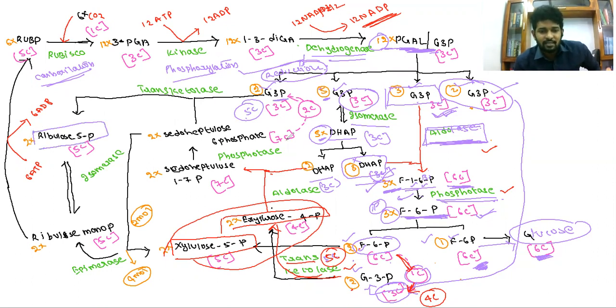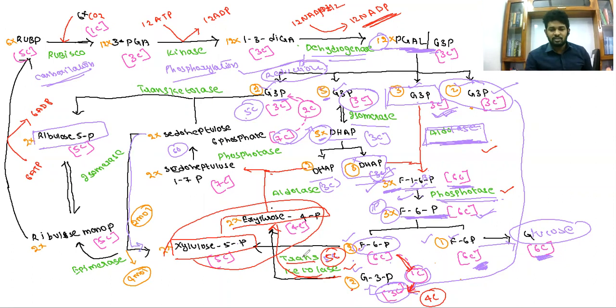And after giving off two carbons, how many carbons will be present here? 7 minus 2, that is 5 carbons will be present. The 5 carbon compound produced here is xylulose 5 phosphate. Again it produces xylulose 5 phosphate.